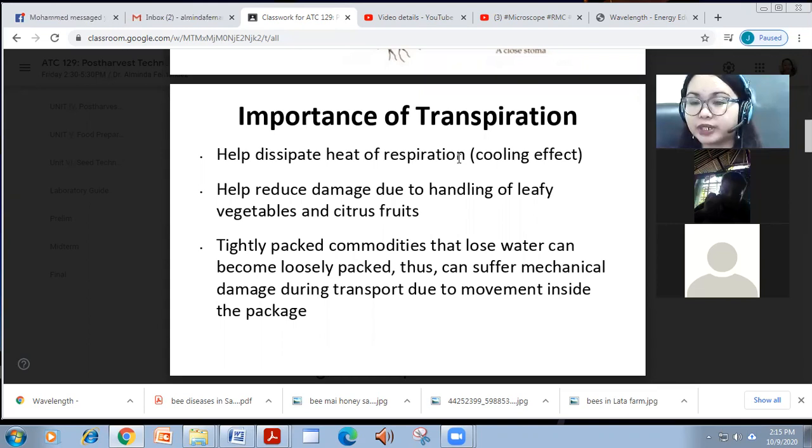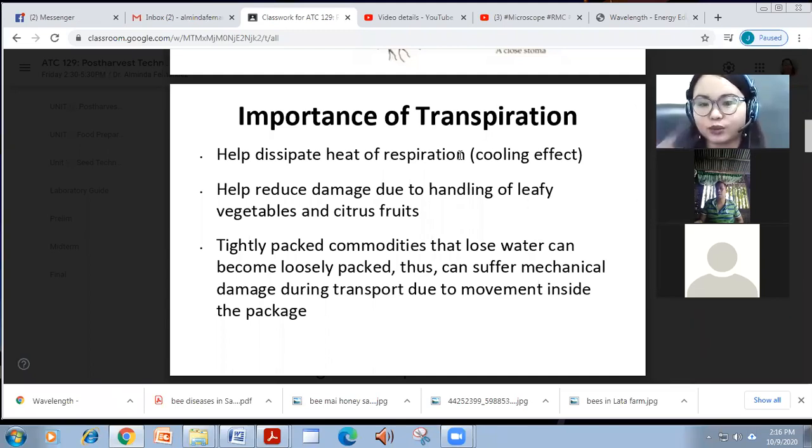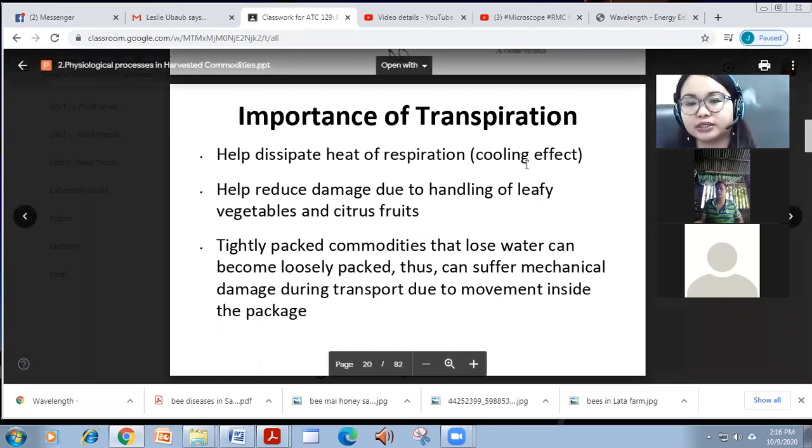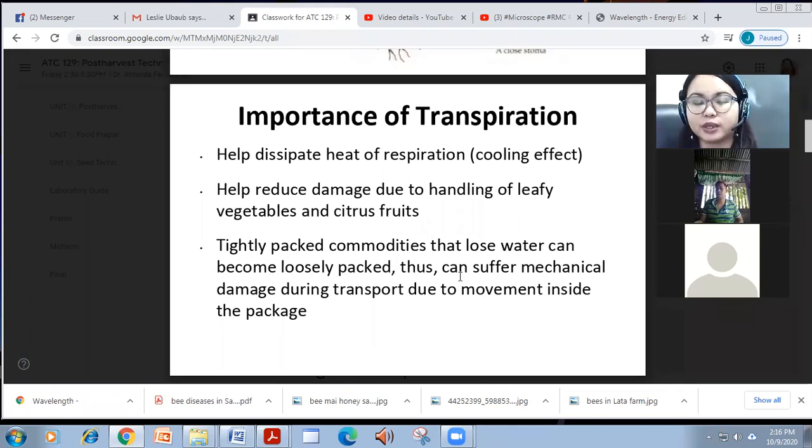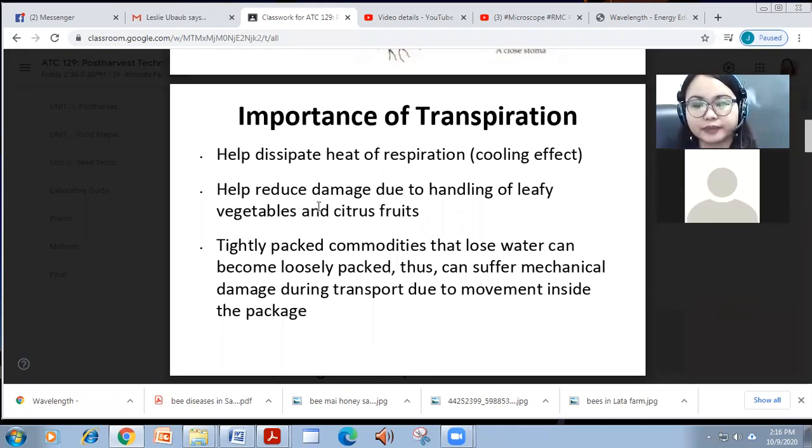Respiration takes energy. It converts the carbohydrates from the food that we eat into energy that our body can use for growth, development, and other metabolic activities, and it releases heat. So we use transpiration also for cooling, for all plants and animals. This will also help reduce damage due to handling of leafy vegetables and citrus.